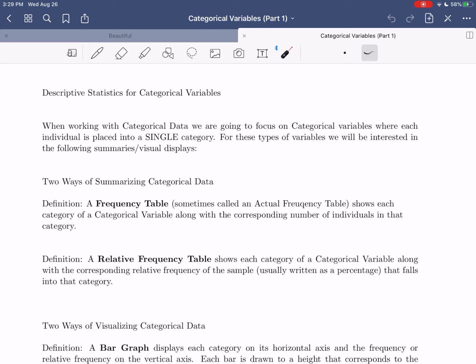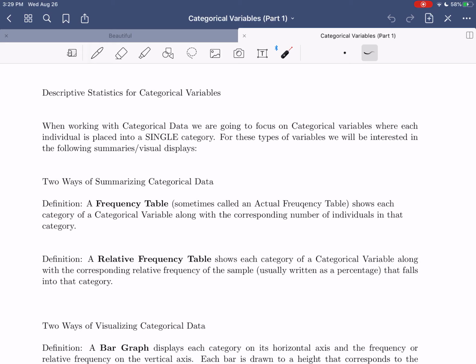If you allow people to put themselves into multiple categories at a time, it actually makes the analysis part a little bit more complicated. We will talk briefly about variables like that in the next video that relates to categorical variables, but that's not really our point of emphasis in this class.